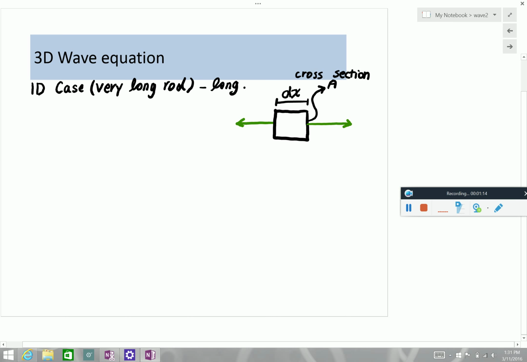We have, let's say, stress in the x direction, longitudinal stress, normal stress, however you like to call it.